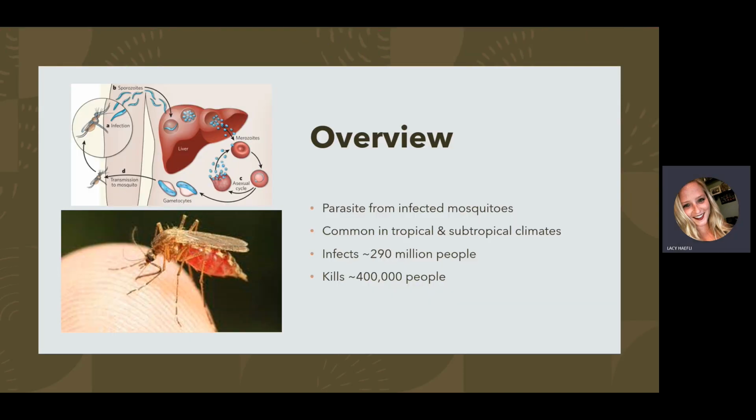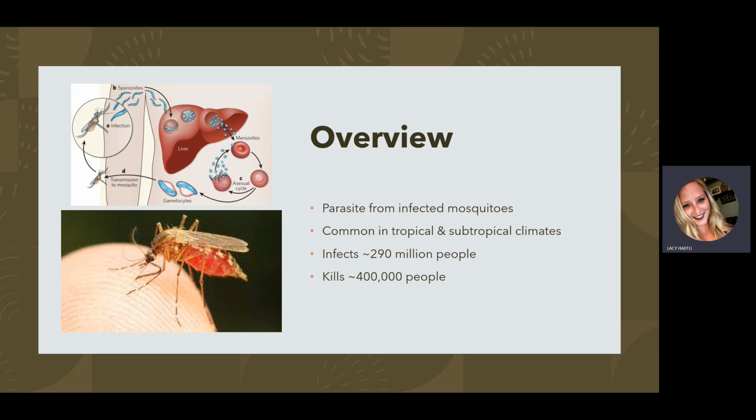So to give us an overview of what malaria is, this is a common parasite from tropical and subtropical climates, and it is spread from infected mosquitoes. In 2020 alone, nearly half of the world's population was at risk of malaria.